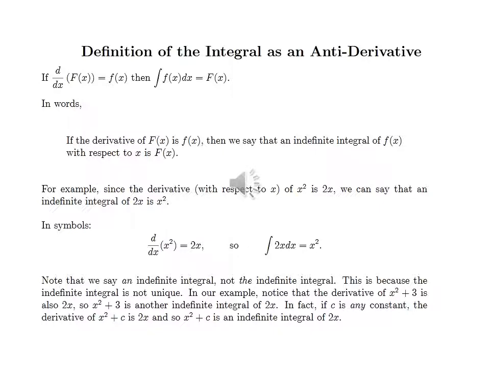So x to the power 2 plus 3 is another indefinite integral of 2x. In fact, if c is any constant, the derivative of x to the power 2 plus c is 2x, and so x to the power 2 plus c is an indefinite integral of 2x. It's very important and very easy to forget this.